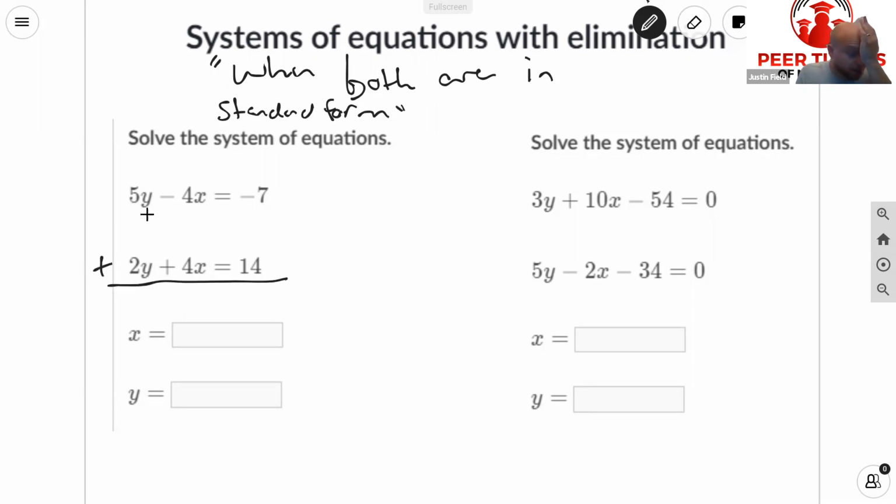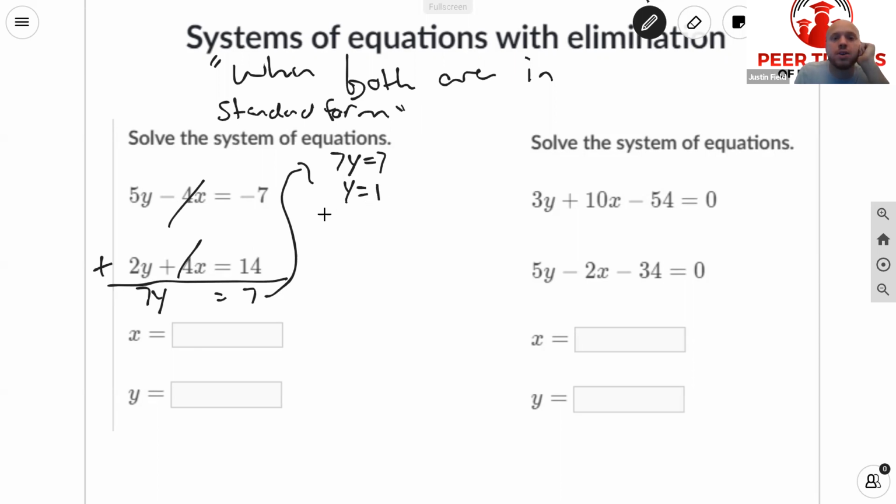combine like terms. 5y and 2y is 7y. Negative 4x plus 4x, that cancels out. Negative 7 plus 14 is 7. So now we just have 7y equals 7. Y equals 1. Goodness, that was easy.